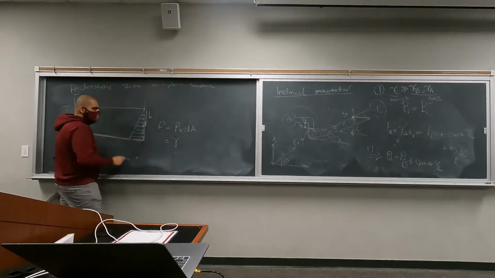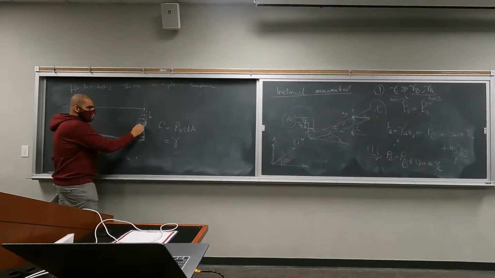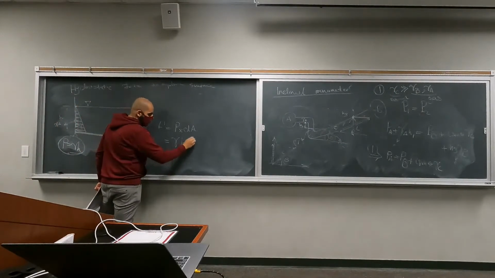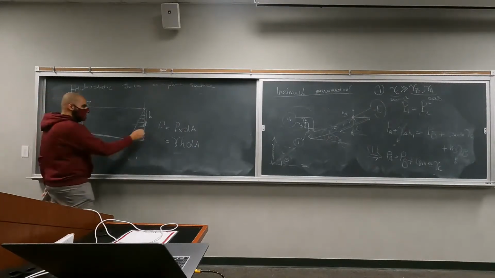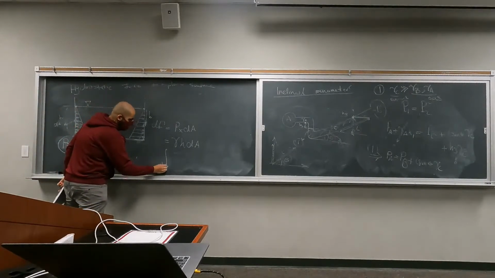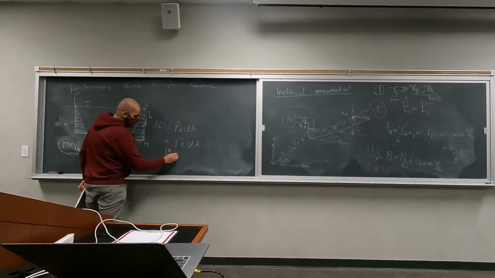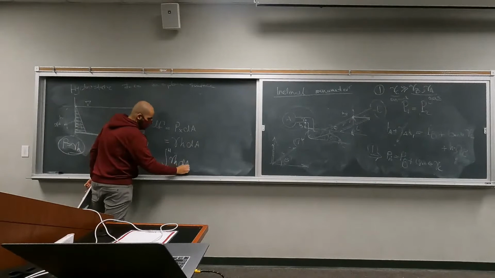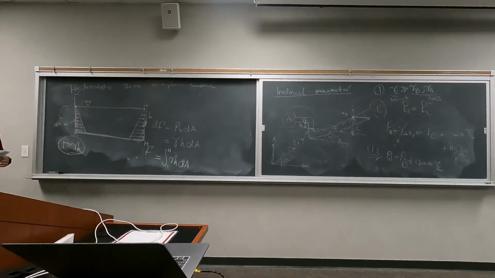It is gamma multiplied by the depth of that point, which is h. So let's call this dF, a small element of force. To find the total force that is being applied to the walls, you just have to take the integral from 0 to h of gamma h dA, and that will give you the total hydrostatic force.